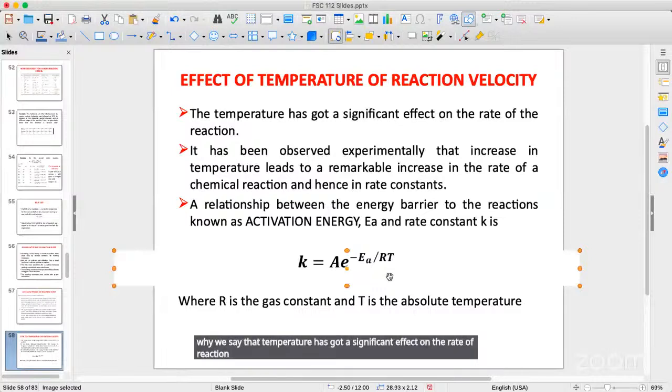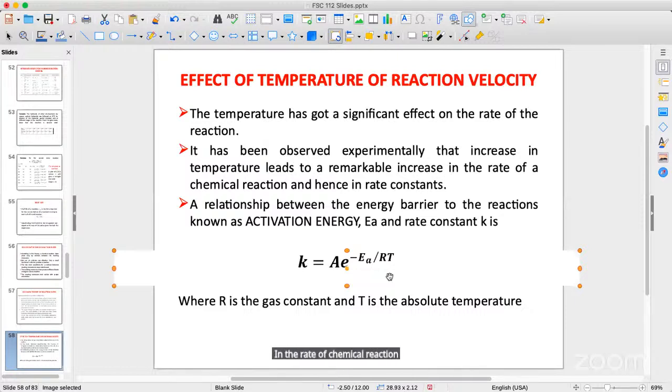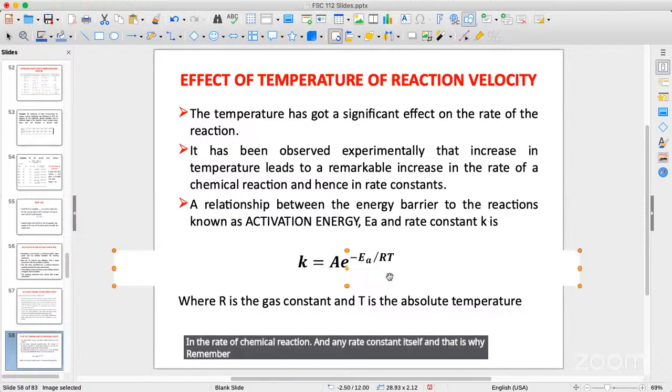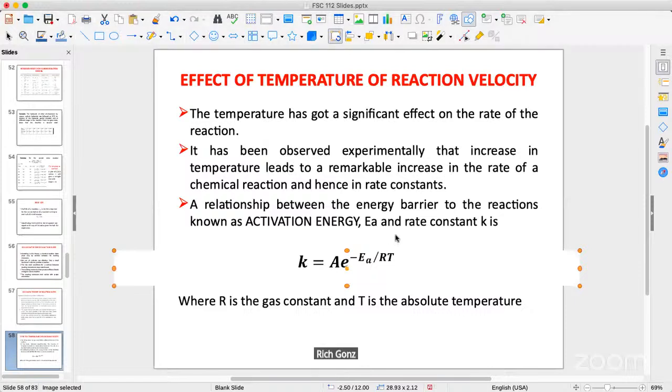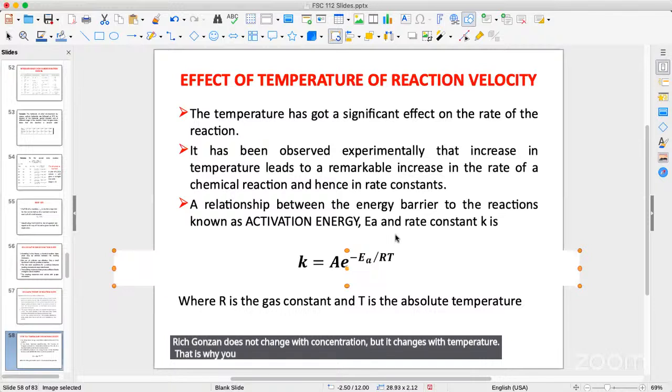Now, of course, it has been observed experimentally that an increase in temperature leads to a remarkable increase in the rate of chemical reaction, and hence even the rate constant itself. And that is why, remember, we mentioned that the rate constant does not change with concentration, but it changes with temperature. That is why you don't use concentration to compare two reactions.